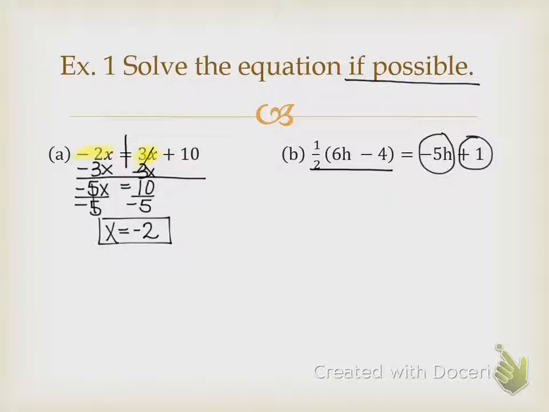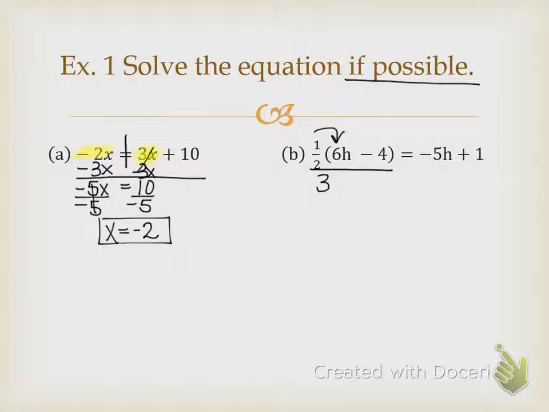If you feel like that's too much to remember and you might forget, think about this as well. Yesterday's fractions were 3/10 and negative 6/5. Those weren't real simple fractions. This is a half. What's half of 6h? My personal opinion, if I see that I'm distributing a half, I'm going to go ahead and distribute because I can do this quick.